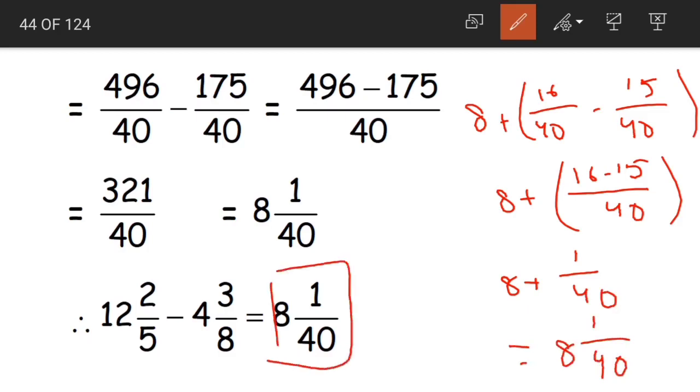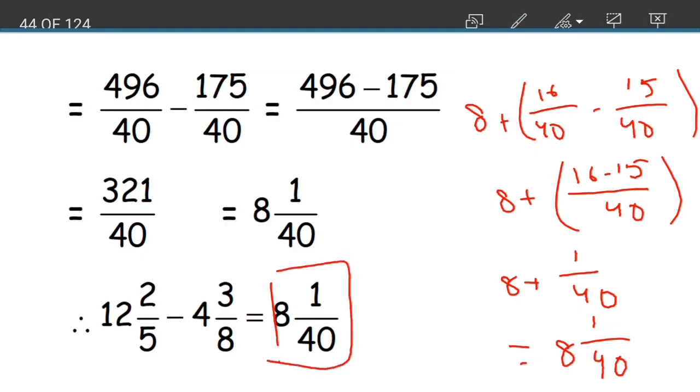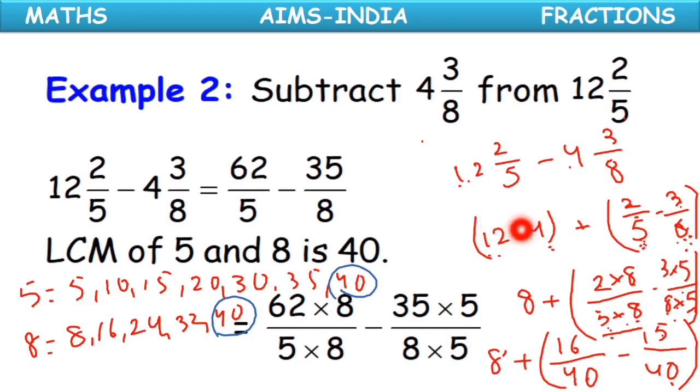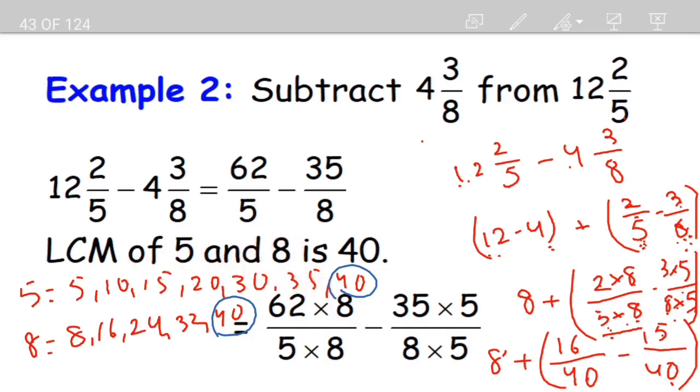See, even here we got the same answer, that is 8 1 by 40. So we can follow either of these methods. We can subtract the whole numbers and the fractions separately and then combine them together, or else we can convert the mixed fractions into improper fractions, find out the LCM and then subtract them, children.